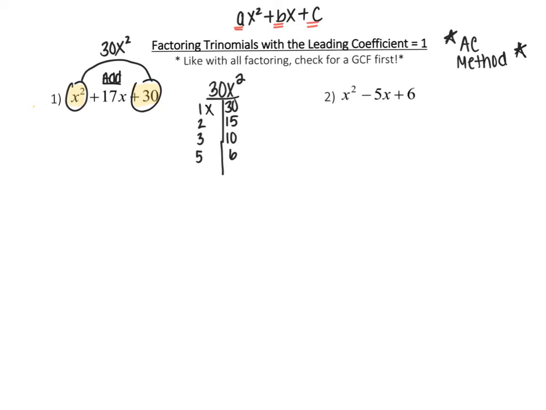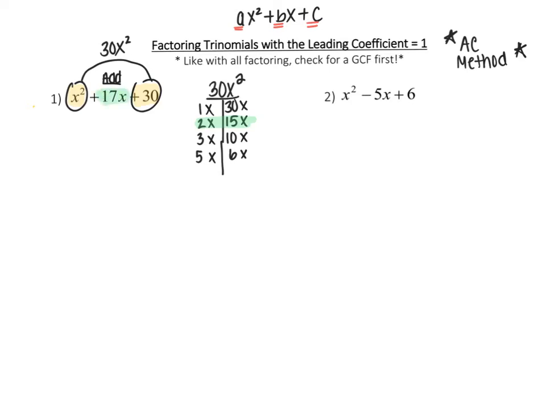So we need 1x and 30x, 2x and 15x, 3x and 10x, and 5x and 6x. We want to look at these pairs of numbers and see which pair adds to 17x. You should be seeing 2x and 15x. So this pair adds to 17x.